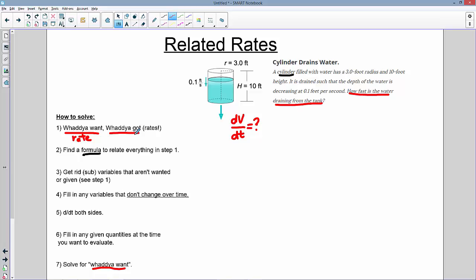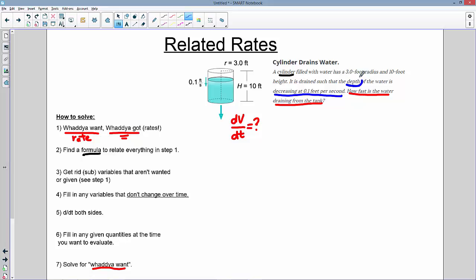And what do you got? Now this is New Jersey speak for anybody not from New Jersey. So I've got to see what they've given me. And as far as a rate goes, they've given me this: decreasing at 0.1 feet per second. See this per? That's very key. That per tells you you've got a rate. And what's changing at 0.1 feet per second?